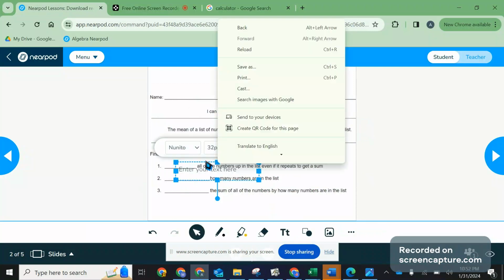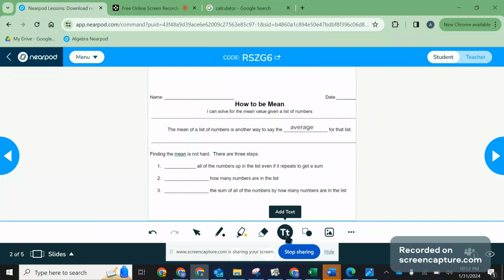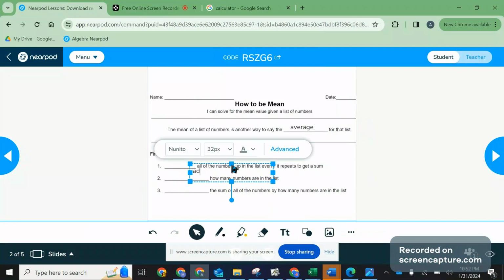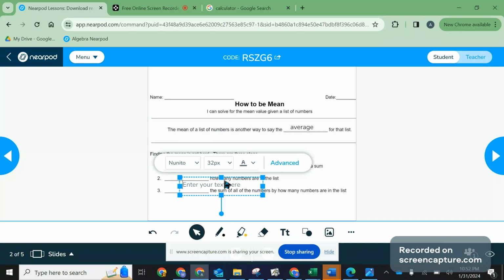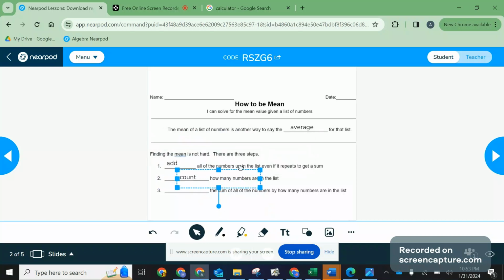You're going to look at all the numbers that are inside of that list, and you're going to start by adding them up. That's going to give us the sum, the total of all those things together. The next thing we're going to do is count how many numbers were actually in that list. Some lists are going to be longer than others, some shorter, but if you can count how many are in there, that'll help you.